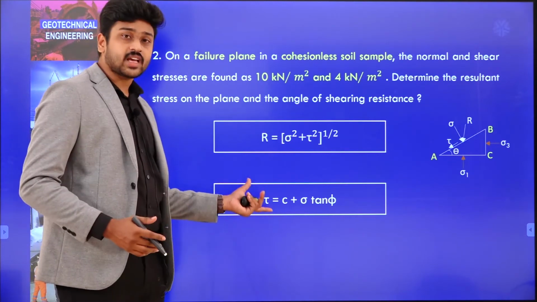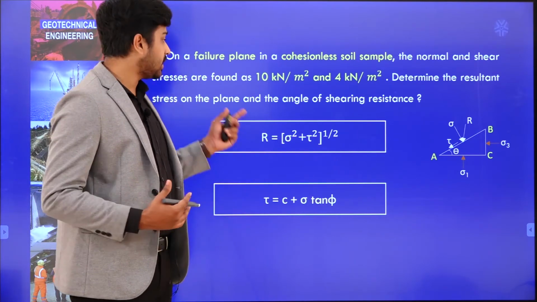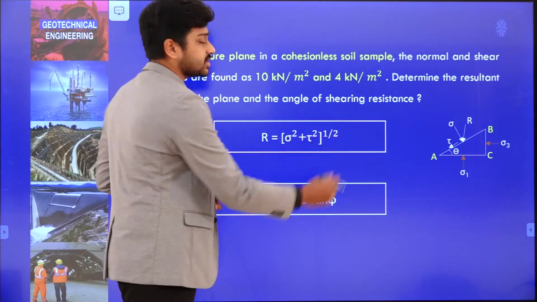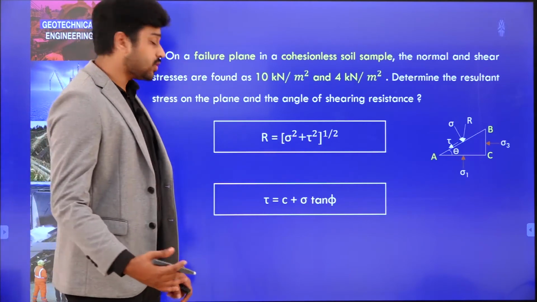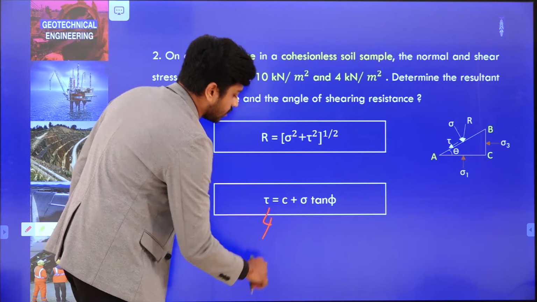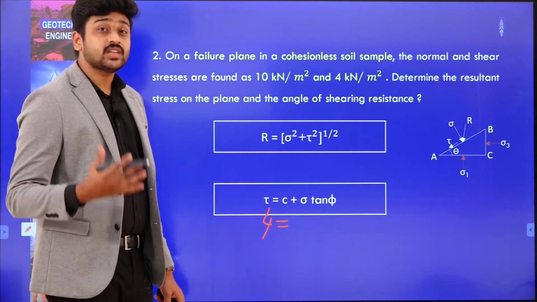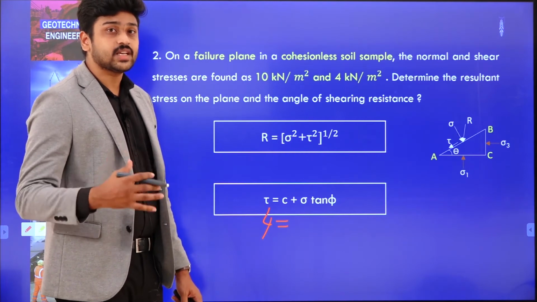So, using this expression tau is equal to C plus sigma tan phi, now we need to obtain this angle of shearing resistance. First, we know that tau is given as 4. Since it is a cohesionless soil, C is equal to 0.